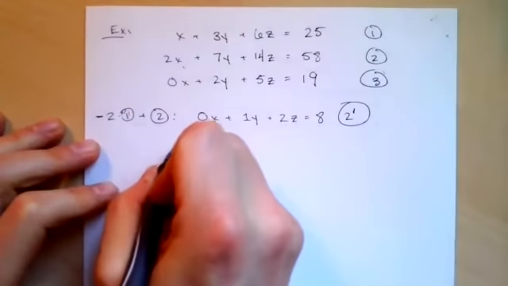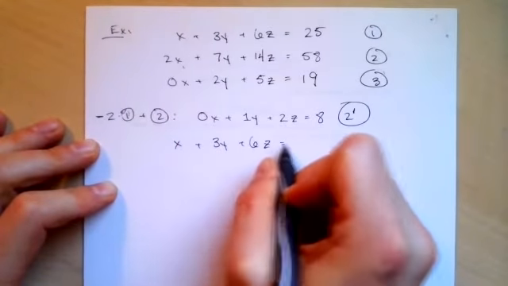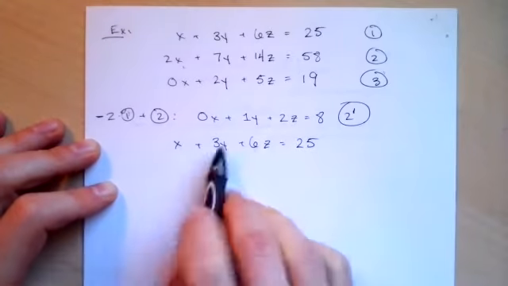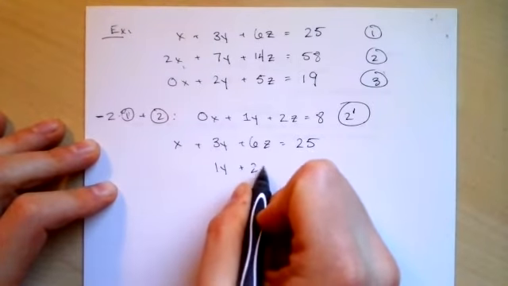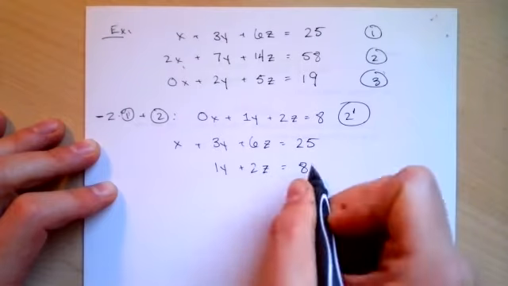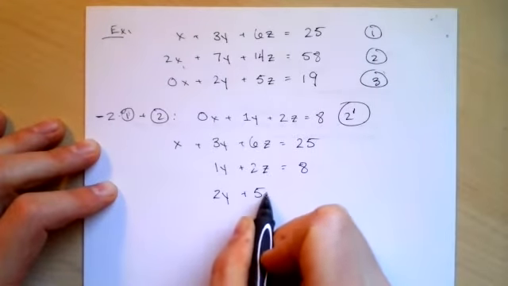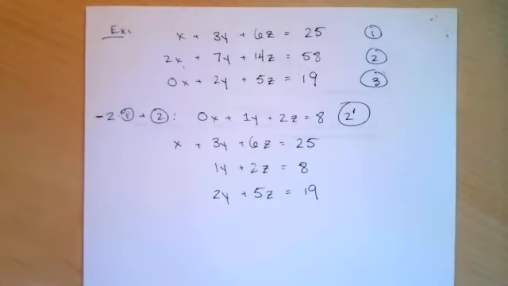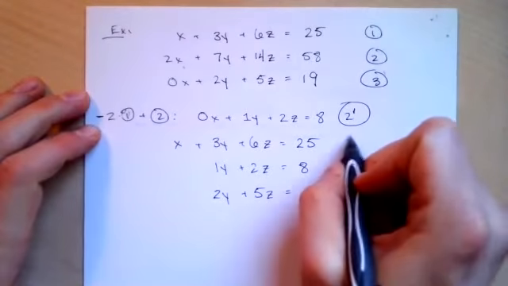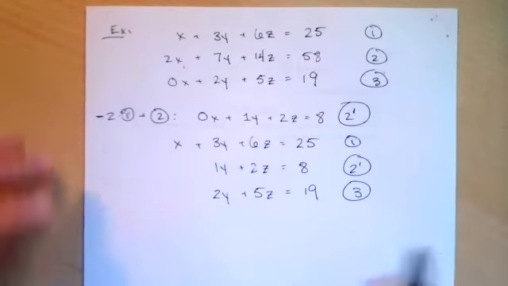And so our new system, we've got x plus 3y plus 6z equals 25. And now this one, there's no x's. We've got 1y plus 2z equals 8. And then the third one, we've got 2y plus 5z equals 19. And so we've got our 1, our 2 prime, and equation 3.